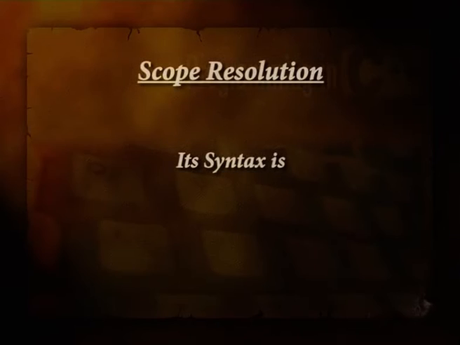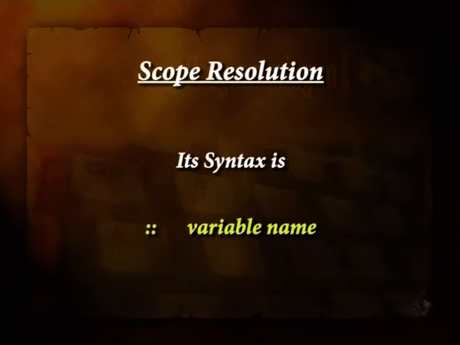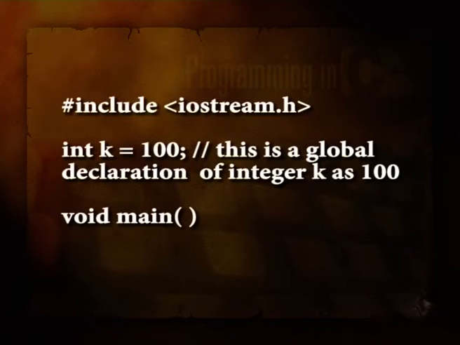Thus, scope resolution is a solution to the conflict that occurs due to the rule that a local variable gets priority over global. Its syntax is double colon variable name. For example, the following program allows us to understand how the value of a variable changes when declared in different blocks.